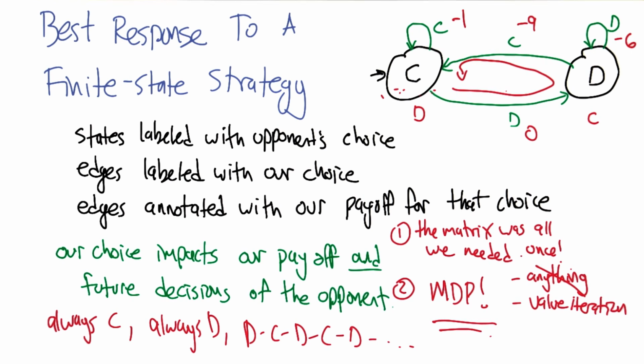And the reason those are the only three, let me see if I get this right. The reason those are the only three that make sense is because if you think of this as an MDP, then it has no history. So when you're in C, there's really only two choices, and when you're in D, there's only really two choices. So if you look at the way you've drawn it, you either stay where you are in C or D, or you take the loop. And those are really the only three options, because the rest of them would require you to remember what you did a time step or two ago.